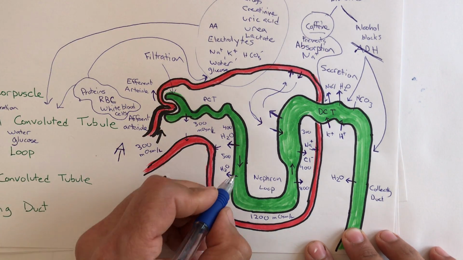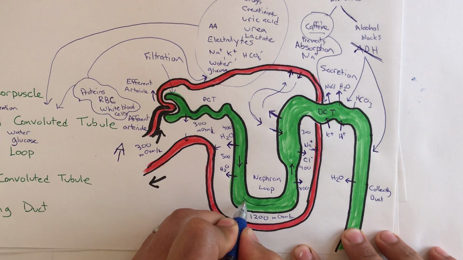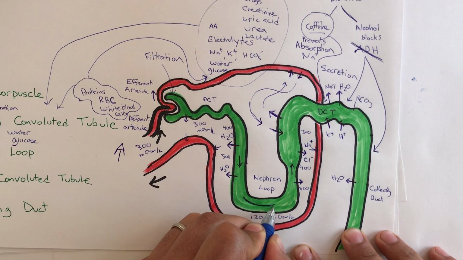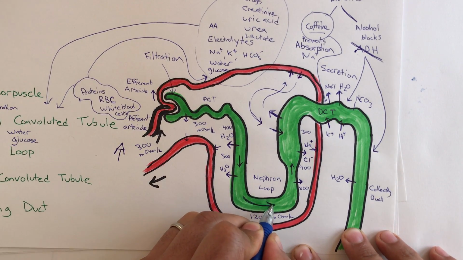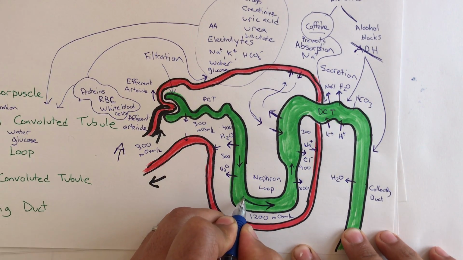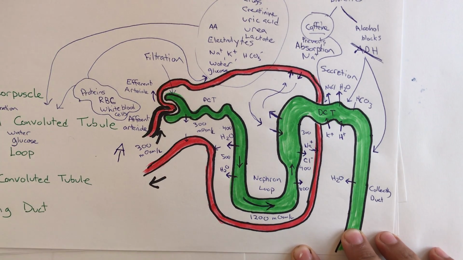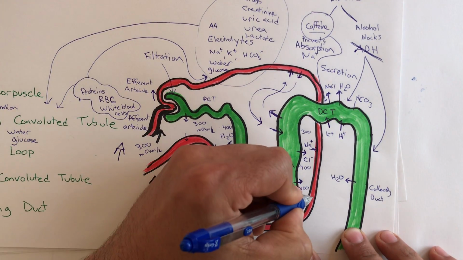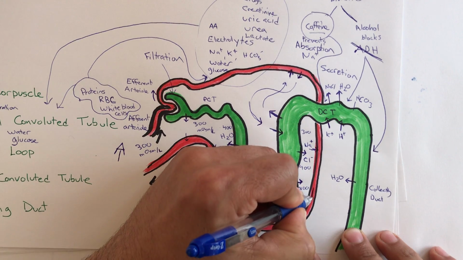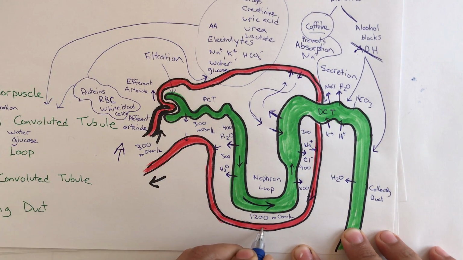But then we see here that the movement of urea, the movement of fluid is going this way. However, our blood is actually moving this way. There's a countercurrent.